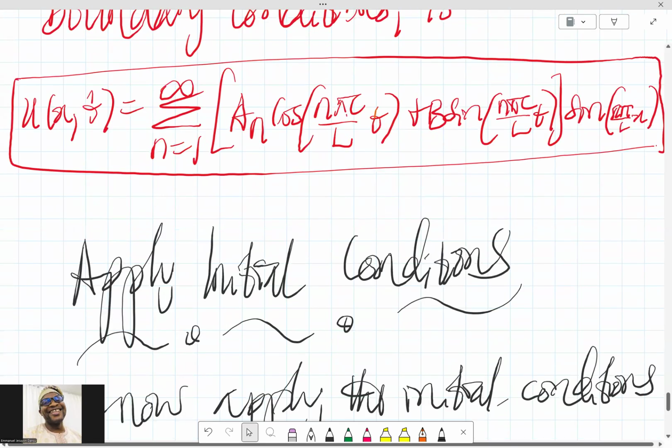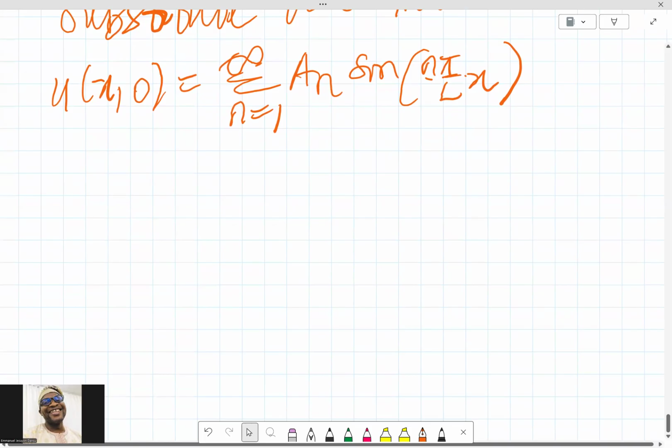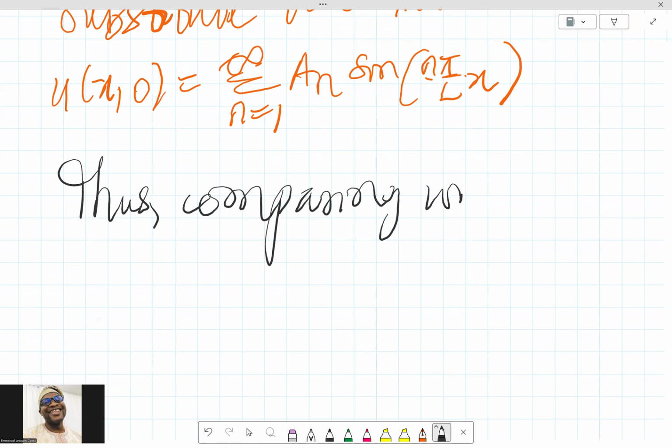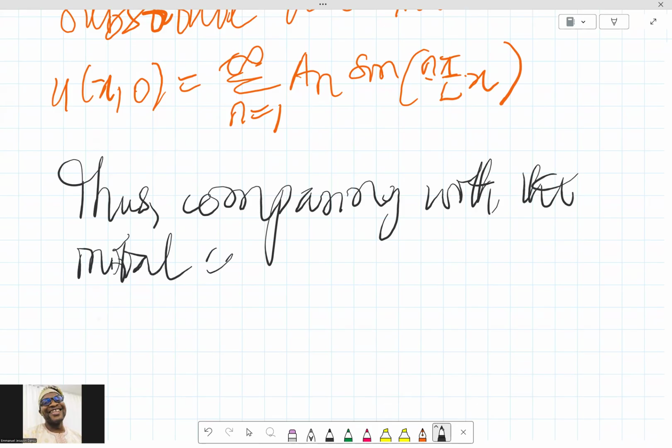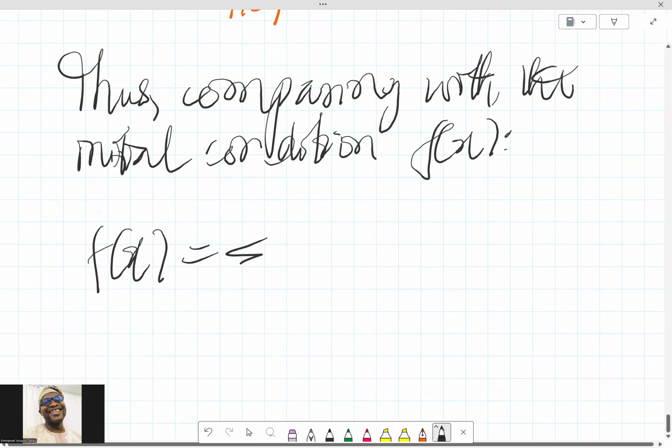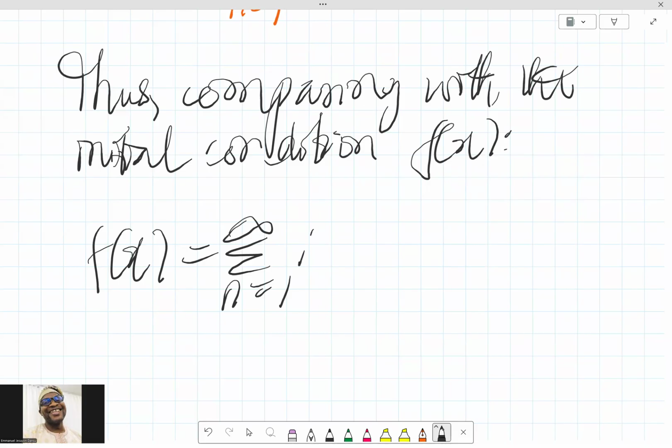So with that done, the next thing is comparing with the initial condition f(x). We simply have that f(x) is equal to summation from n equals 1 to infinity of a_n sin(n pi x over L).